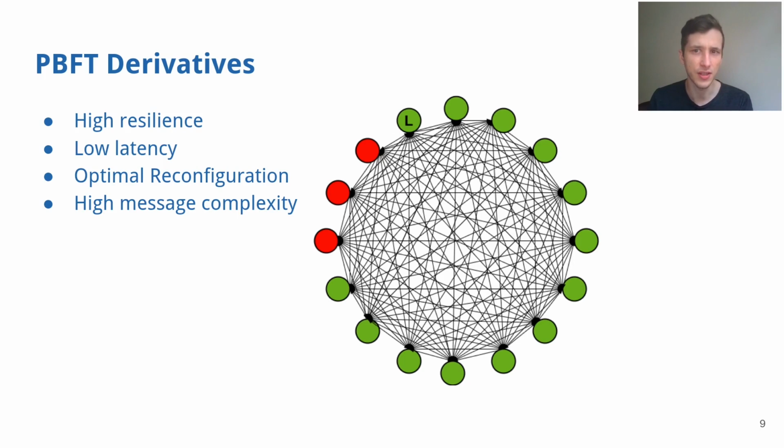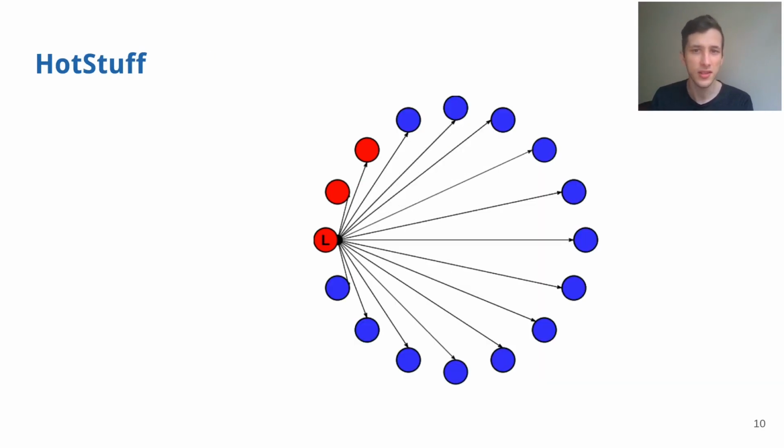PBFT has several advantages, including the high resilience, low latency, and optimal reconfiguration steps. However, it suffers from high message complexity. HotStuff attempts to alleviate this by using a star communication scheme, where the leader broadcasts a block and then aggregates and disseminates the votes of the other processes.